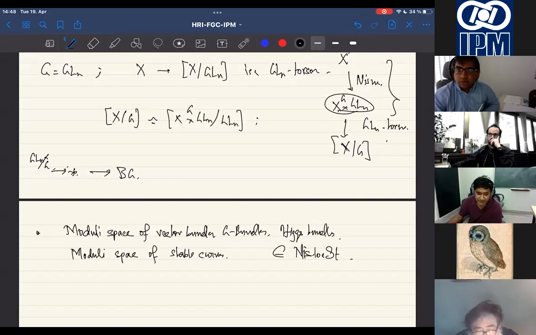This happens because at first the moduli space of vector bundles and all these things are local quotient stacks. Then for G-bundles there is some representability argument, and the moduli space of stable curves you can show are actually quotients by some PGLN action. So they are also quotient stacks.